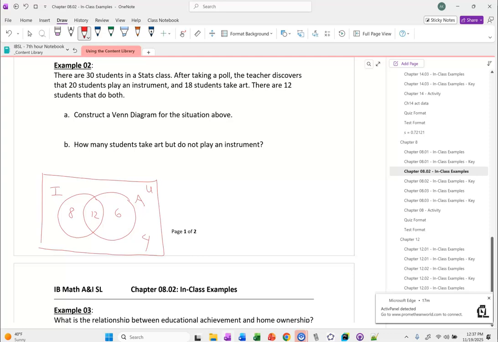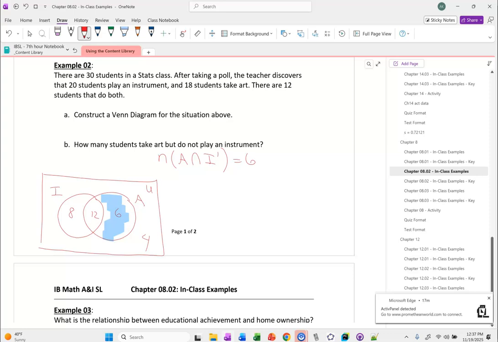How many students take art but do not play an instrument? So that means the number in the set A intersect I complement. That's that section.